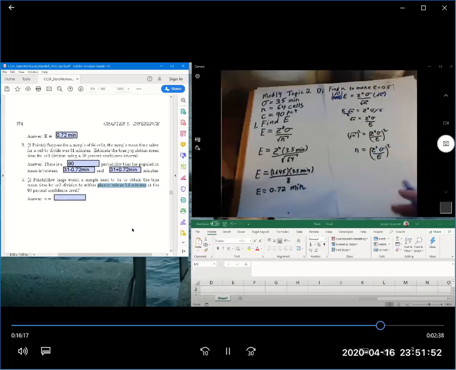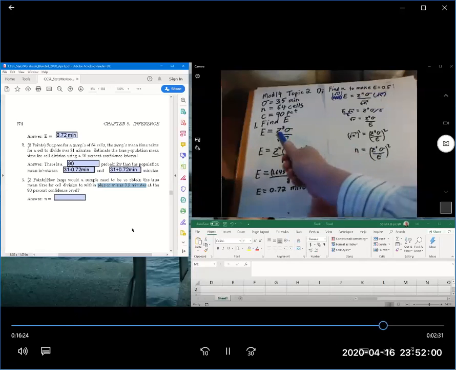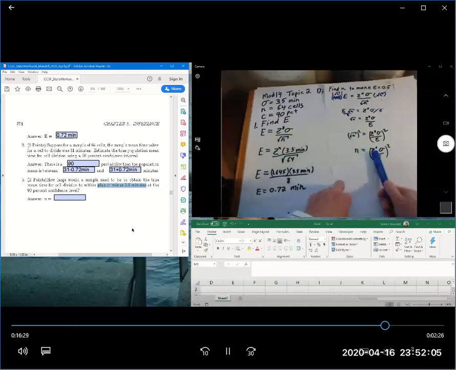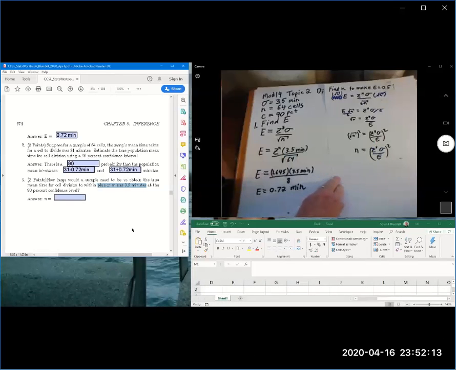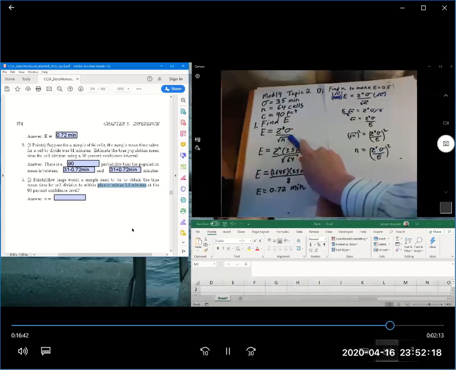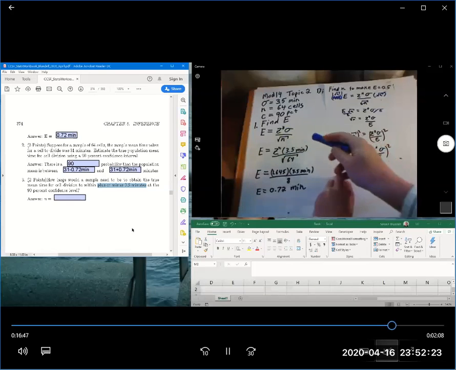Some of the books, especially since in this class algebra is not a prerequisite, will give you this formula for E and this formula for n separately as two separate facts. If you want to memorize them that way, that's okay. For me, I like to memorize fewer formulas and rely on the fact that you can always rearrange a formula into different forms.